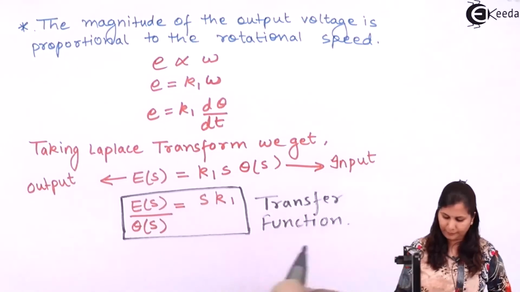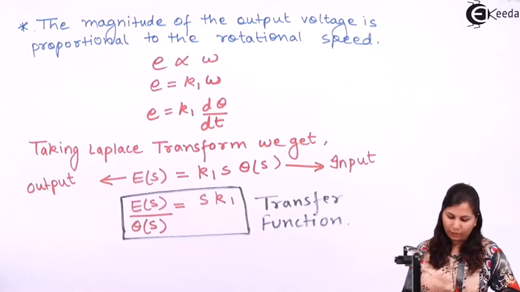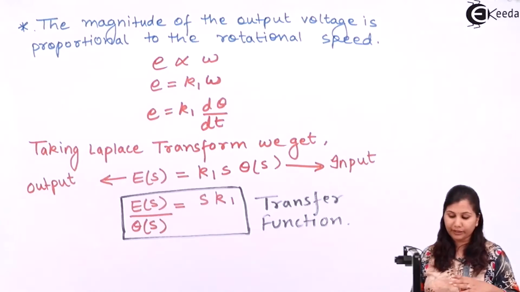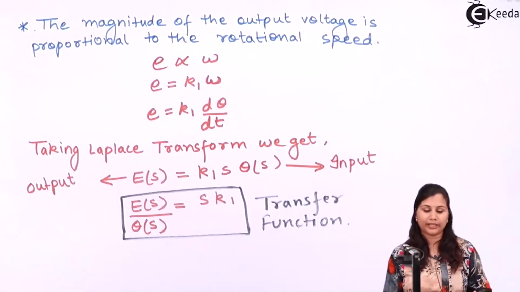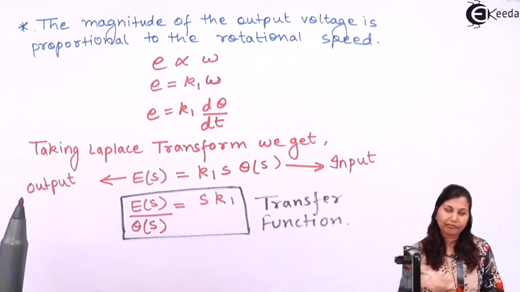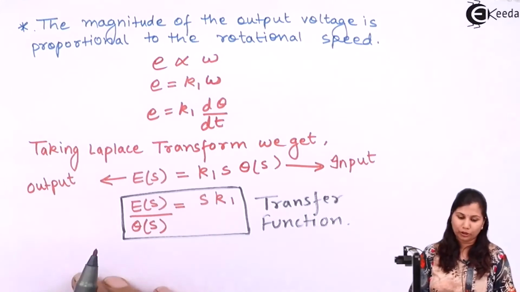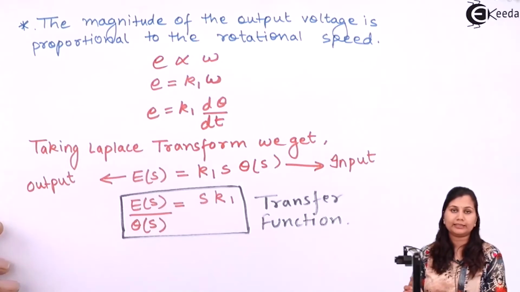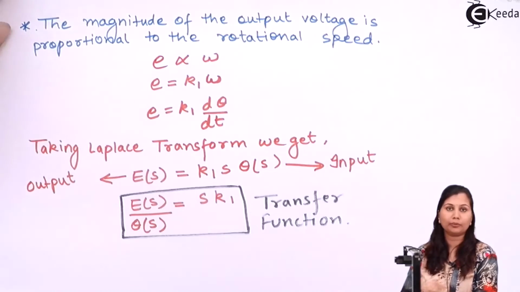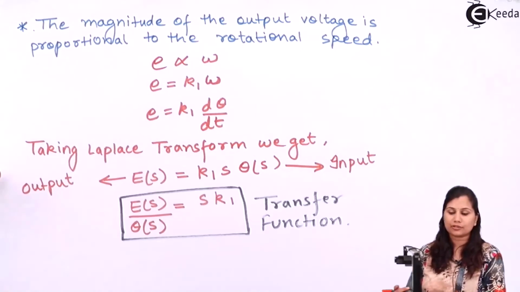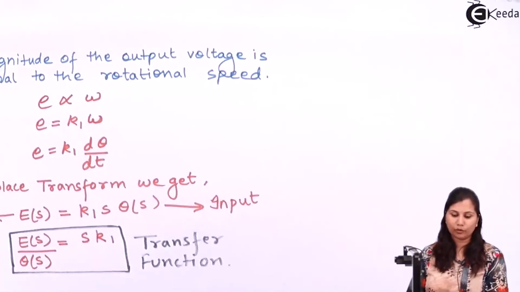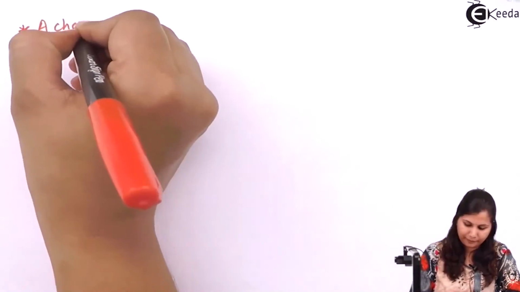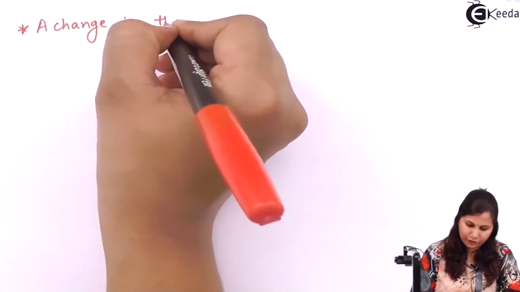Now, if we change the direction of the shaft, that is if we move it clockwise or anti-clockwise, then it will affect the polarity of the output voltage. Or, because here we are having an AC tacho generator, that is an AC signal as an output, it will affect the phase shift in the output voltage.